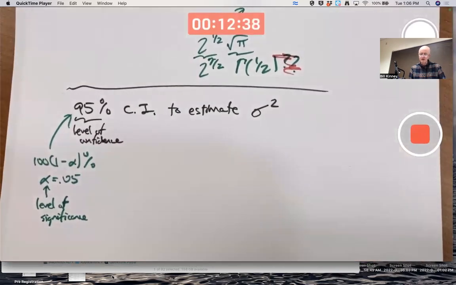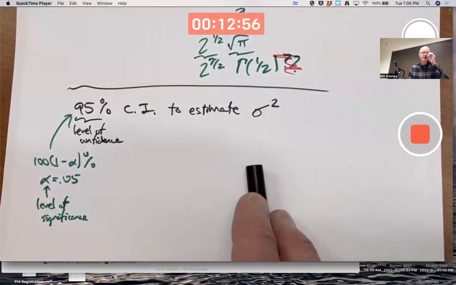So the confidence interval on your homework for today was written as a point estimator, X bar, to estimate mu, plus or minus something, a margin of error. For estimating a population variance, you don't write the answer in that way.